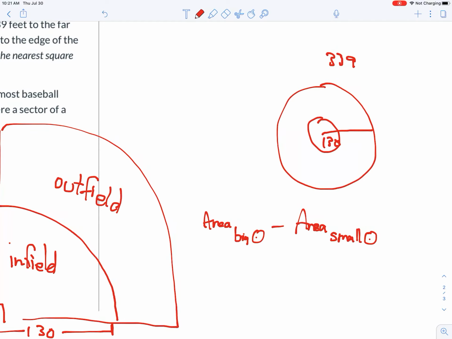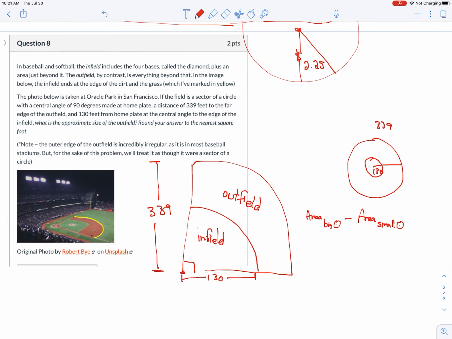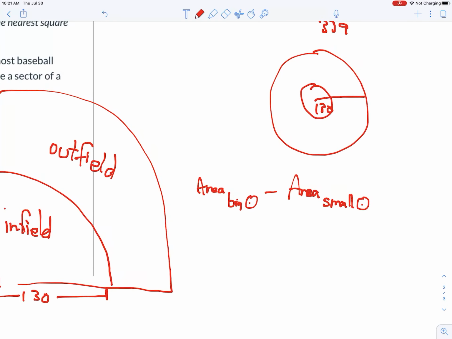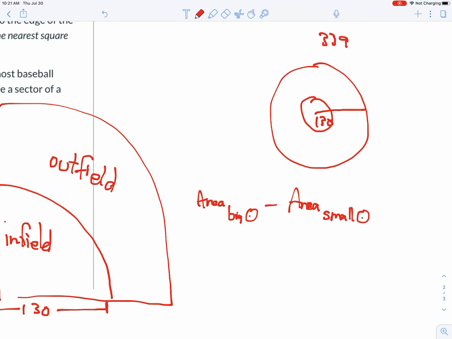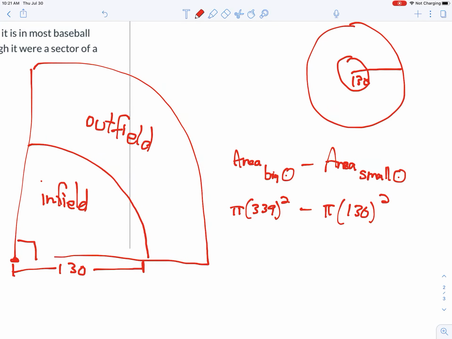This one is tough because I think we have to keep pi till the very end and then go from there. The big circle, area is pi r squared, so it's pi times 339 squared. The small circle is 130, so that's pi times 130 squared. Now let's make this formal because it's going to be just 1/4 of that circle.